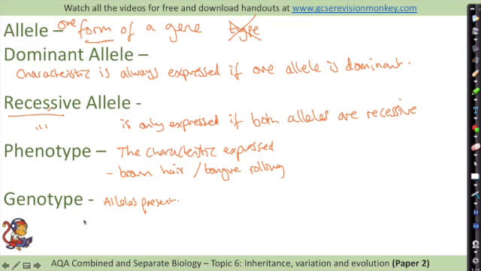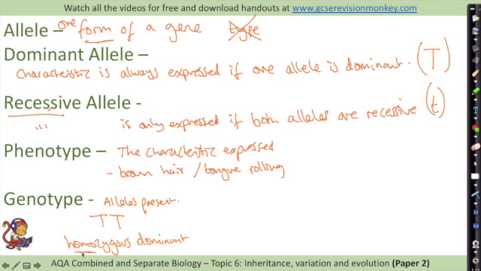So your genotype, if we're looking at tongue rolling, could be TT, two capital Ts. I forgot to mention up here that when we express alleles as letters, a dominant allele is a capital letter and a recessive allele is a lowercase letter. So here we've got TT. This would be called homozygous dominant.